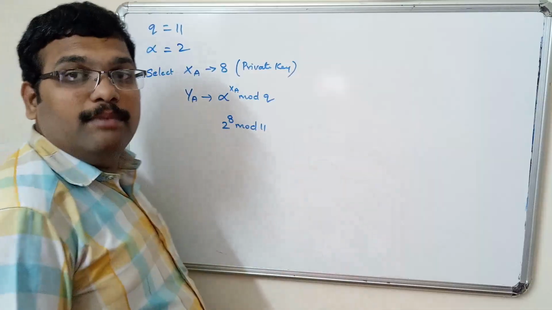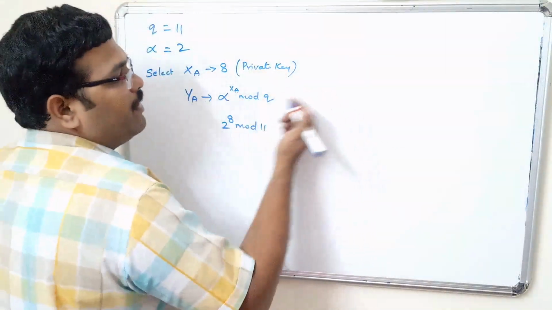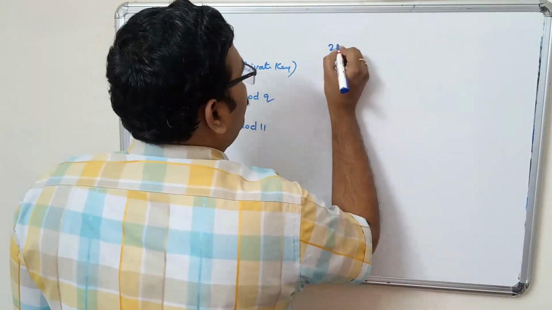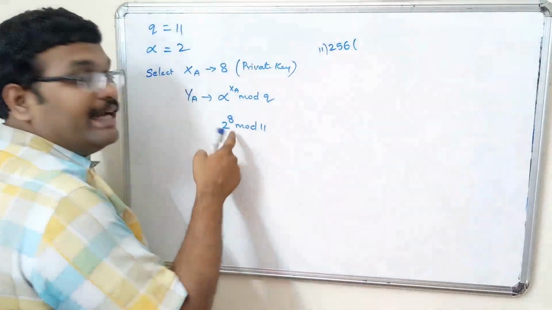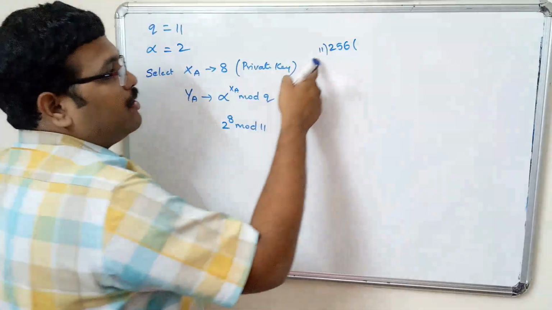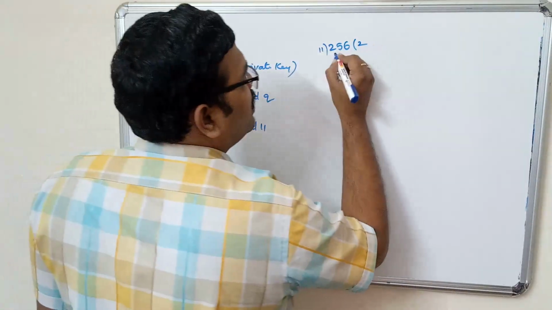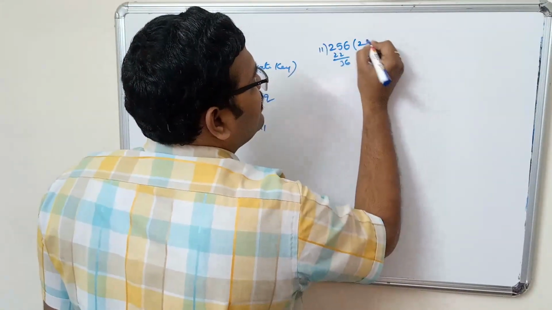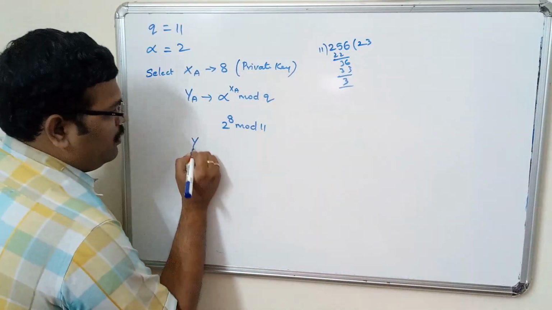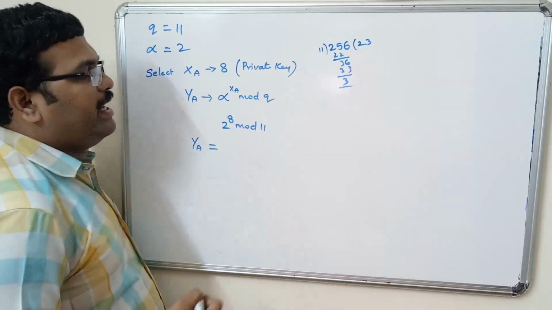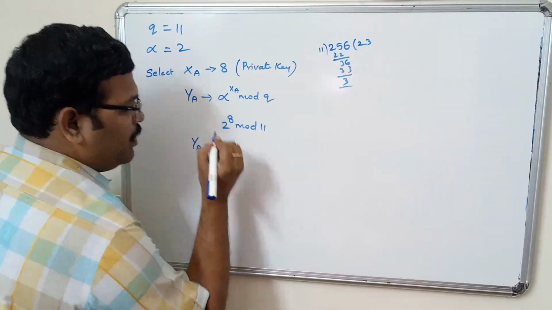We can observe this value from the previous table or we can find it. 2 power 8 is 256, right? 256 mod 11: 11 twenty-threes are 253, so we got 3. YA is equal to 3.